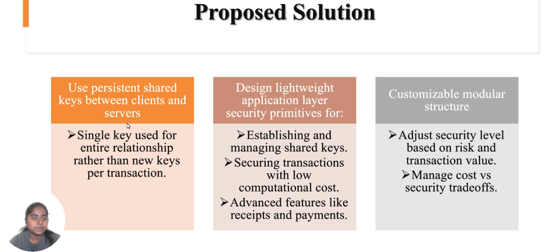It provides only a single key for the entire relationship, rather than new keys for each transaction. Providing a single key is very helpful, because data need not be updated all the time. Every transaction need not be given a new key. Only a single key will run the complete relationship between the client and the server per user.